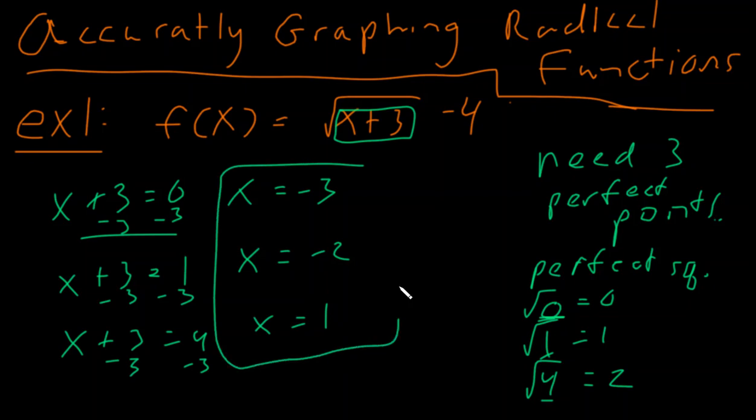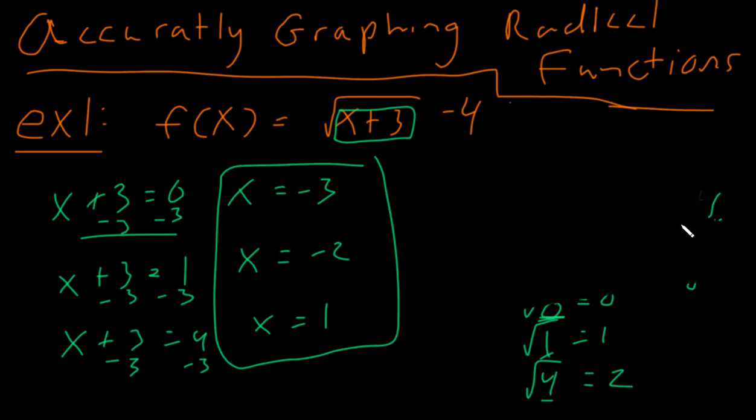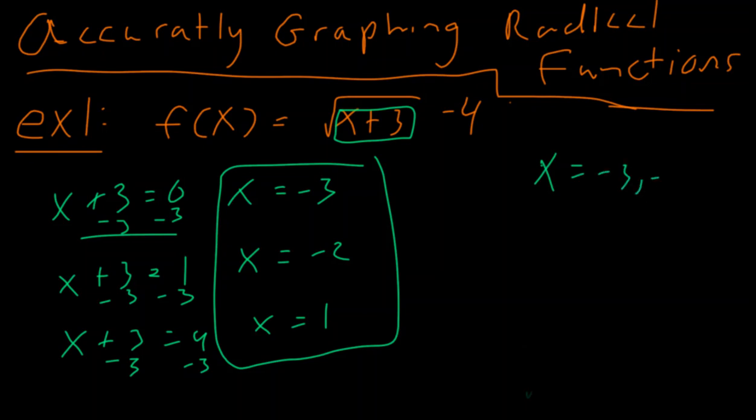These are the 3 x values that we want to plug into our function to get our perfect y value outputs. So let me write this off to the side: x is equal to negative 3, negative 2, and positive 1.